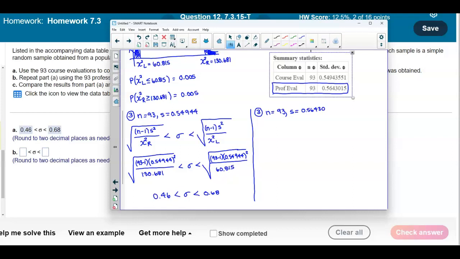We're going to do the same thing and use our formula. It's 93 minus 1 times the sample standard deviation squared, 0.56430 squared, divided by the critical value on the right, which is 130.681.